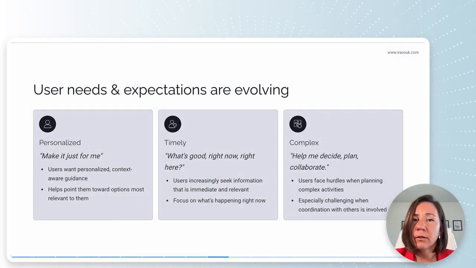What we're seeing is that user needs and expectations have significantly evolved. They are more personalized. Your AI assistant already knows more about you than you want to admit, and you provide even more context in the query. They're more timely. It's like everyone has ADHD symptoms. We can't plan ahead that much anymore.